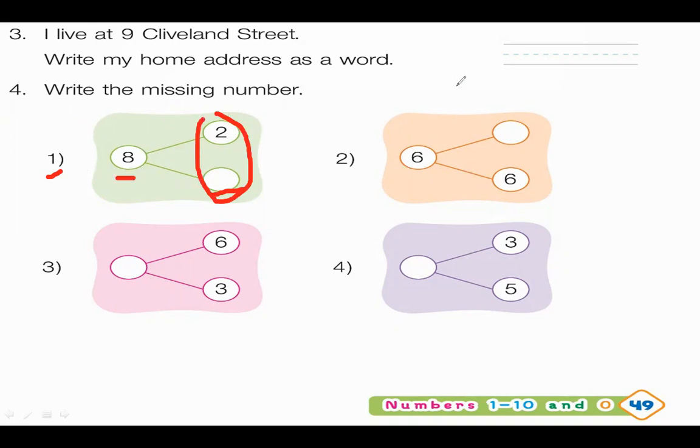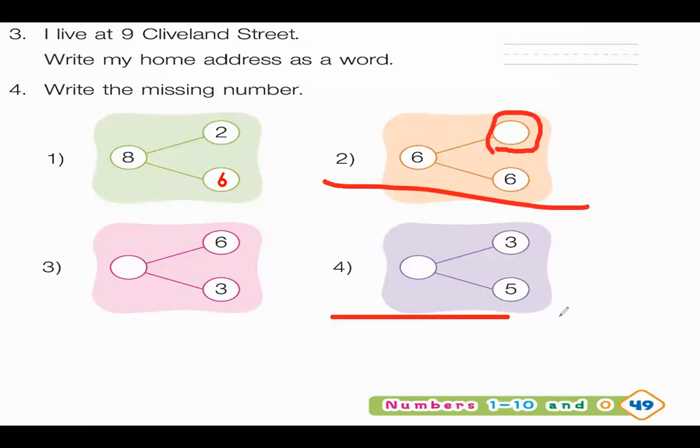It's 6. Why is it 6? Because 2 plus 6 equals 8. So you are going to find the missing number in number 2, number 4, and number 3.